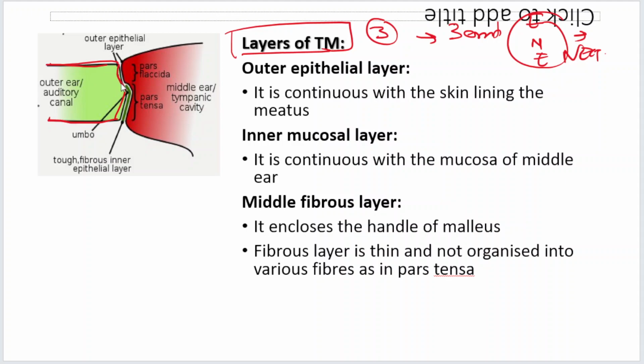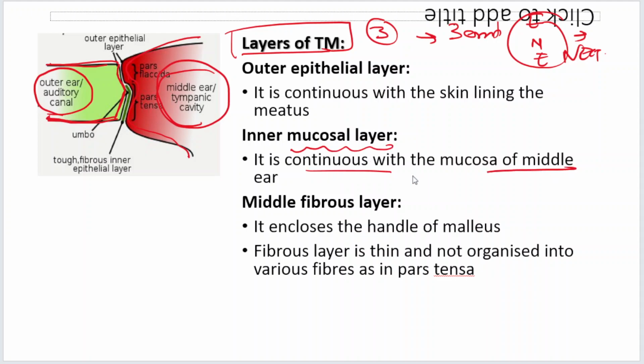The endothelial layer, also called the mucosal layer, is continuous with the mucosa of the middle ear.